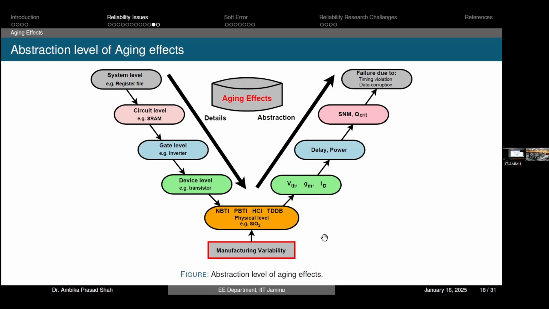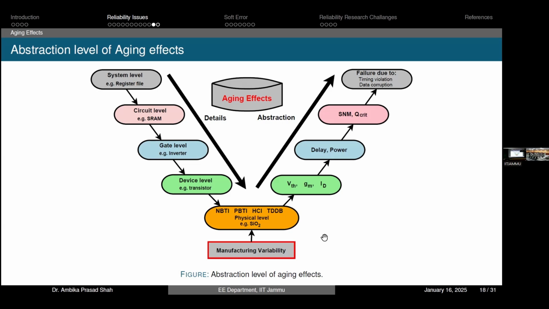Similarly, at a bigger circuit level, the noise margin is going to be impacted because of this variation in the threshold voltage. We have already studied this in the classroom. If there's the impact of NBTI, PBTI or anything else, at the circuit level like memory, we have to observe how it impacts the noise margin which we have designed.